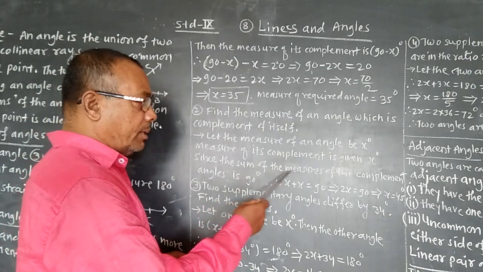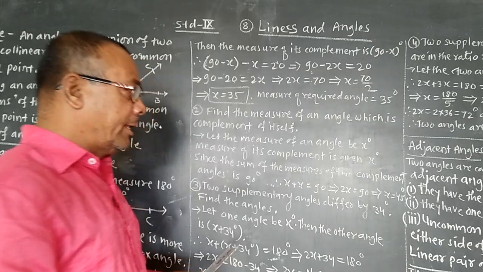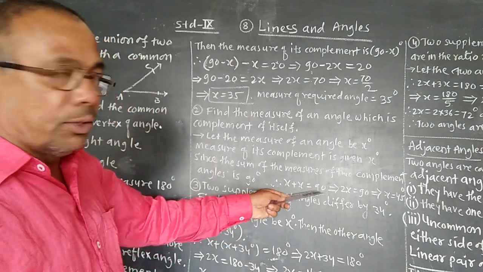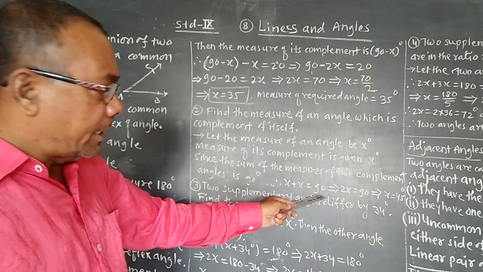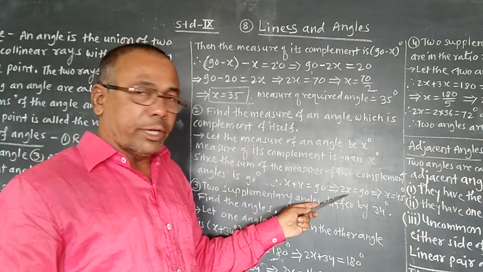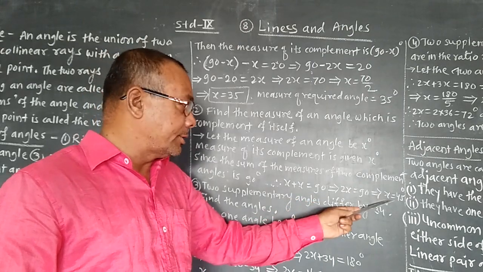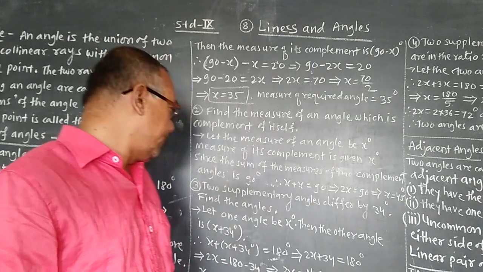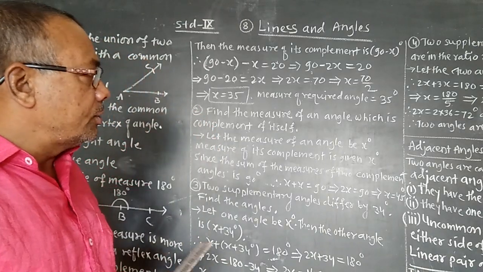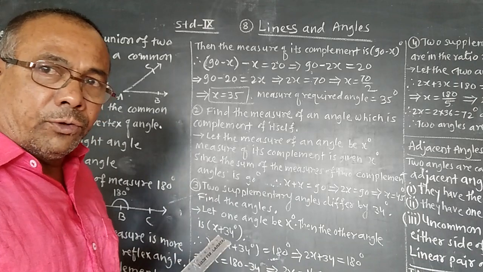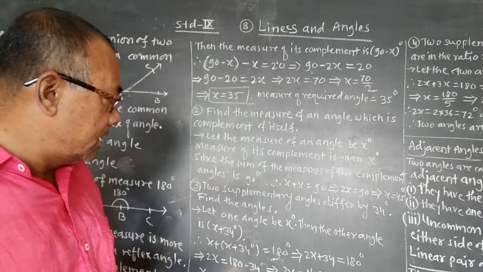Since the sum of the measures of two complementary angles is 90 degrees, x plus x is equal to 90, so 2x is equal to 90, and therefore x is equal to 90 upon 2, that is, x is equal to 45 degrees. If the measure of an angle is 45, then its complement is also 45, because 45 plus 45 is 90.